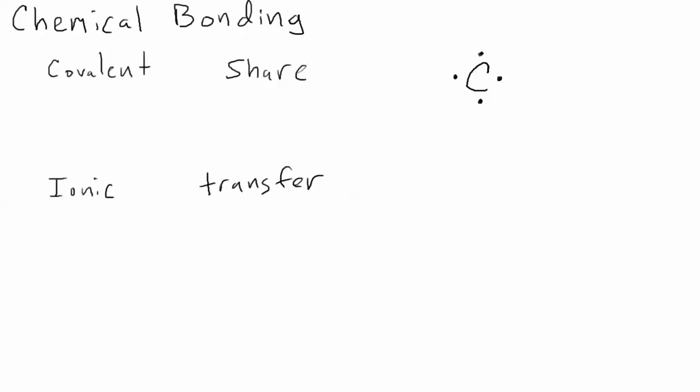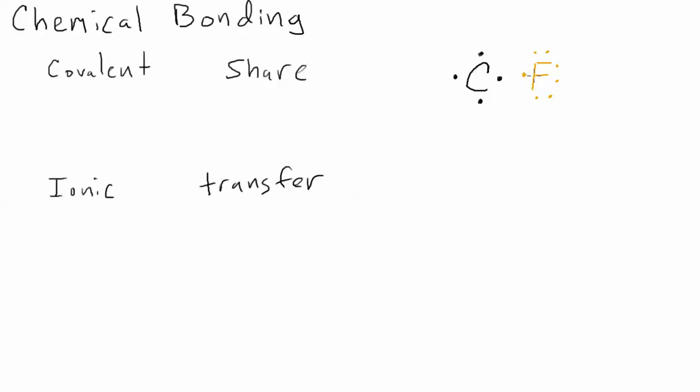And let's say that this carbon atom encounters a fluorine atom. Fluorine has 7 valence electrons, which I will also draw with little dots.